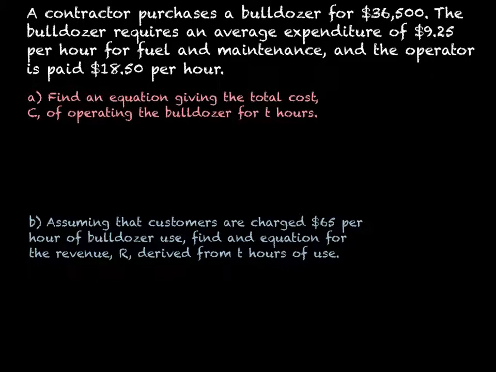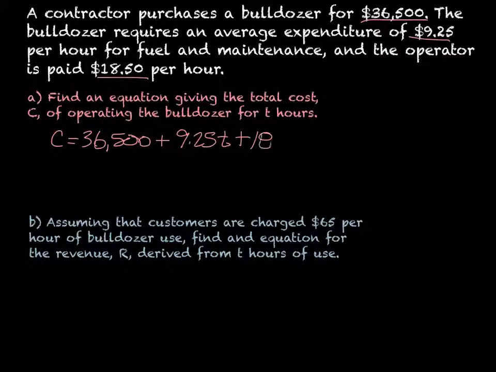So what we need to do is find C, which is the cost of the actual bulldozer, which we know is $36,500, and they have to pay for the upkeep of the bulldozer and the paying of the operator. So $9.25 T, because that's per hour of use, plus the $18.50 T per hour of operating.